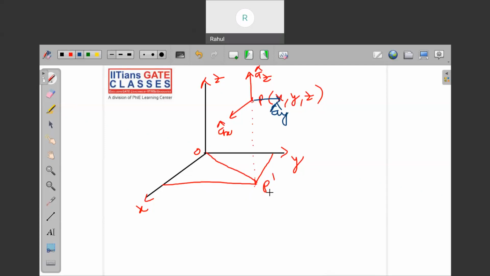And what is the coordinate of P dash? P dash will be here, in the xy plane where z is going to be 0, right? So you will only be working in a 2D plane, right? So this will be joined from here to here, right? So there is one plane.